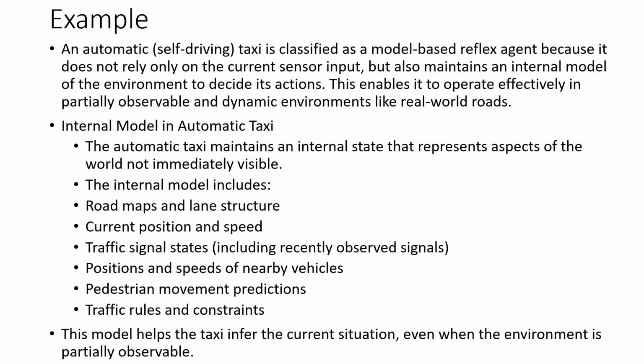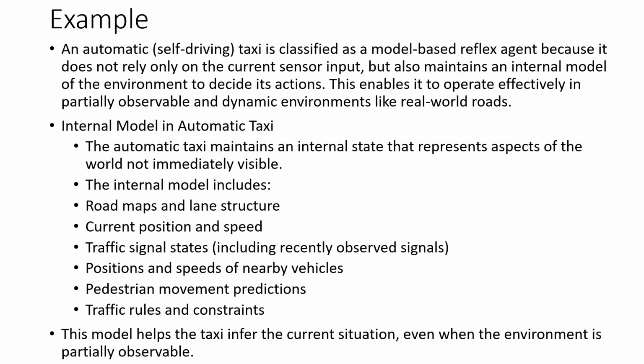So why is an automatic taxi not a simple reflex agent? Roads are dynamic, and sensors may be imperfect. Some information is not immediately visible. A car ahead suddenly brakes. A pedestrian is hidden behind another vehicle. The traffic signal just turned yellow.